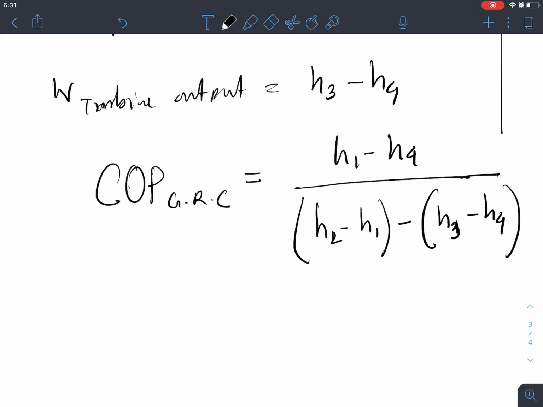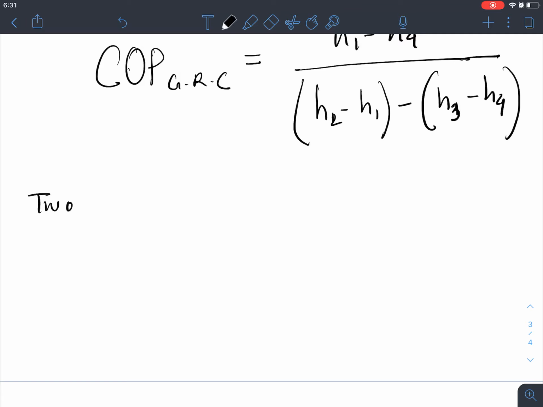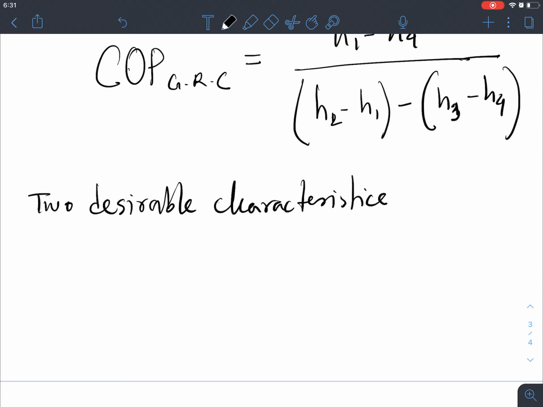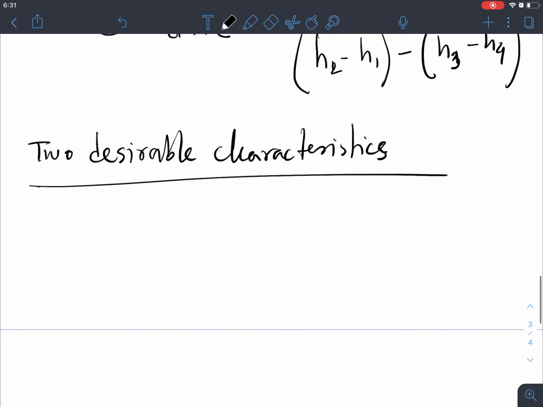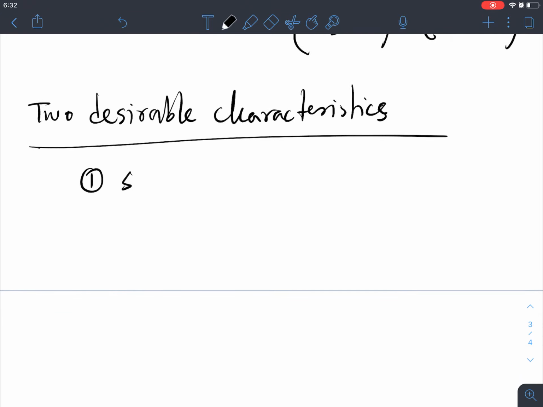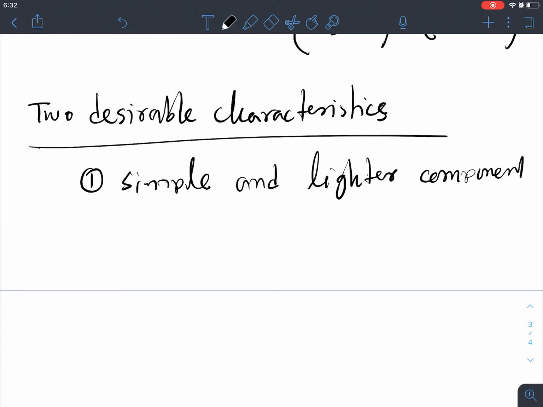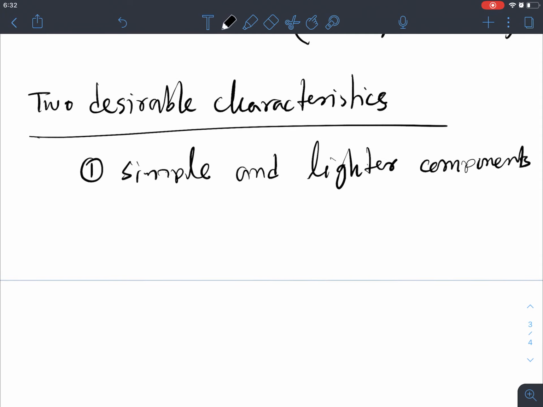Now, although the gas refrigeration cycle has a very low COP in real applications, it has two desirable characteristics. What are these two desirable characteristics? First of all, they are simple and lighter components, which make them suitable for aircraft cooling applications.